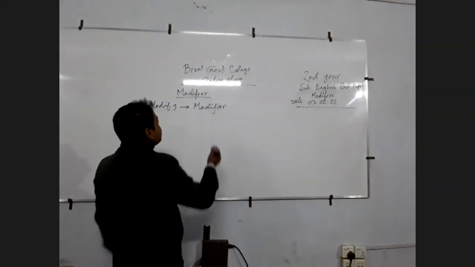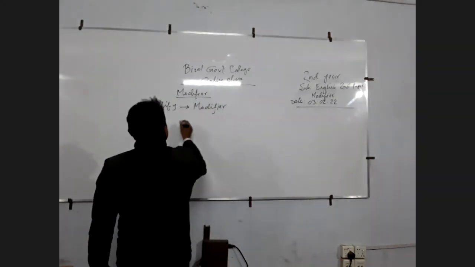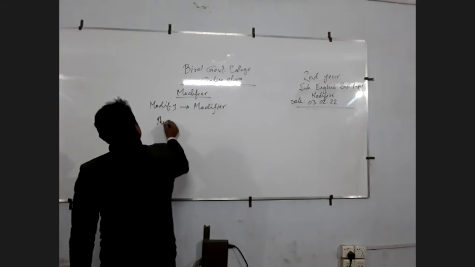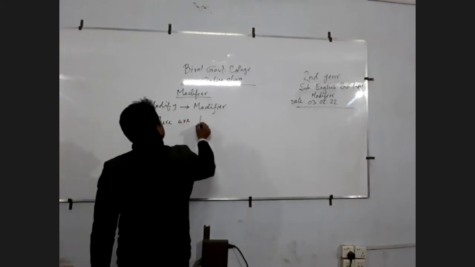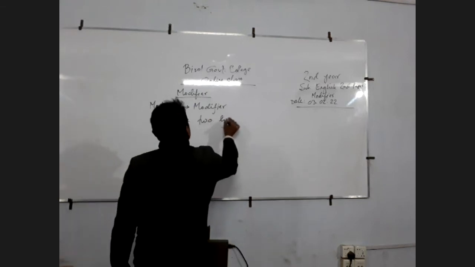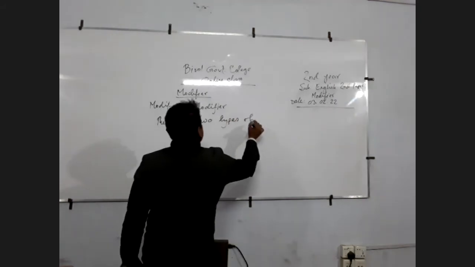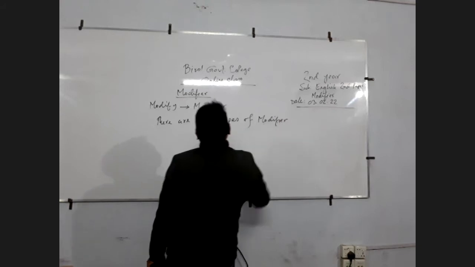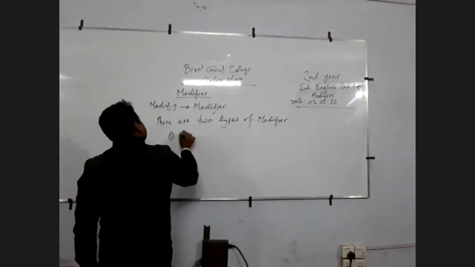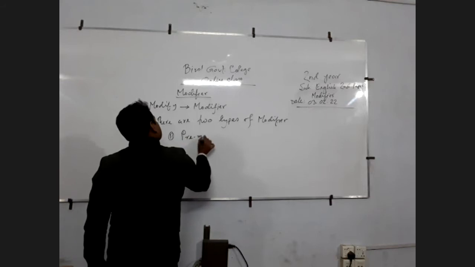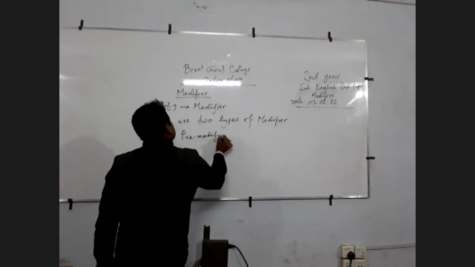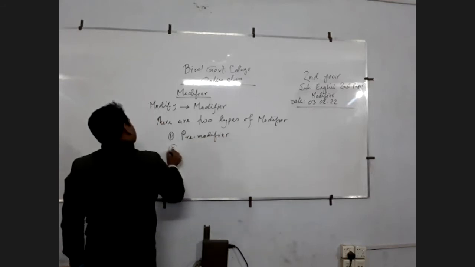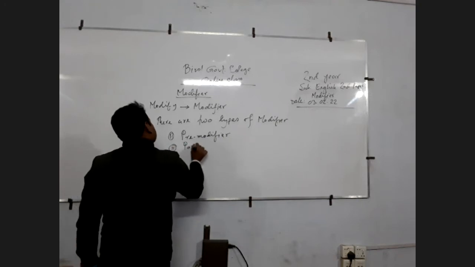There are two types of modifier. One is pre-modifier, and number two, post-modifier.